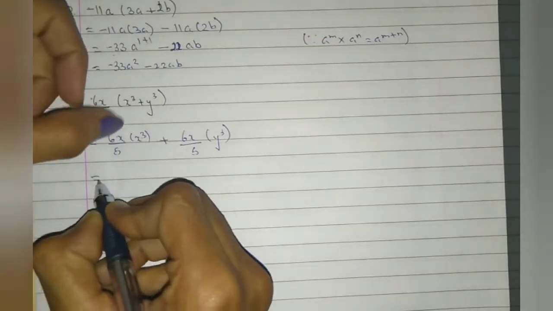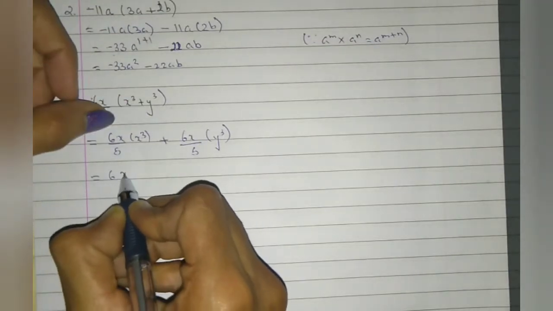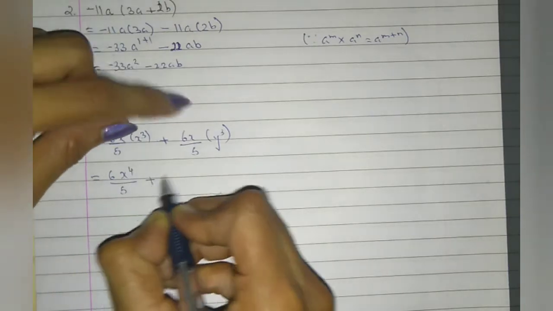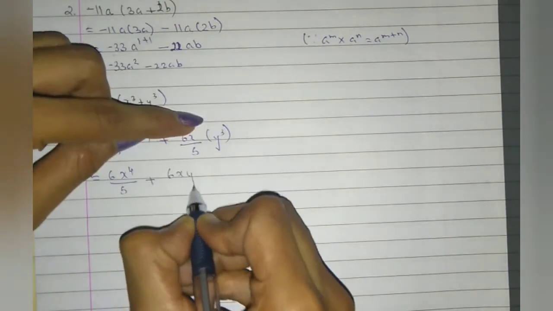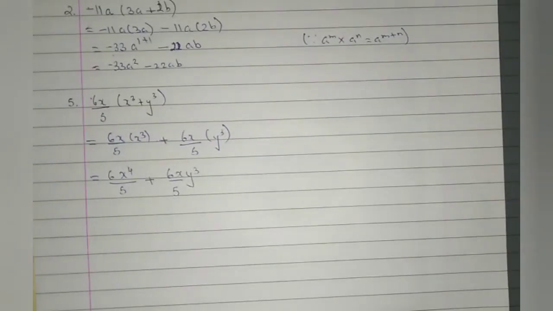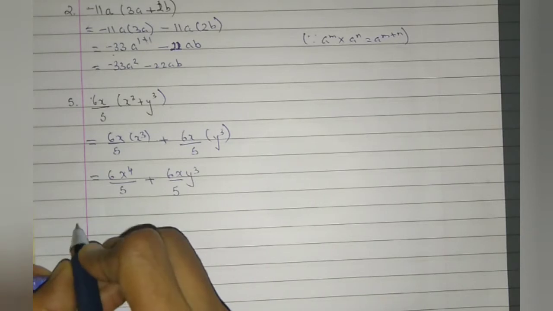So it is equal to 6 multiplied by x raised to 2 plus 1, that is 6x cube upon 5, plus 6xy cube upon 5. So what is the answer? 6x raised to 4 upon 5 plus 6 upon 5 x y raised to cube.